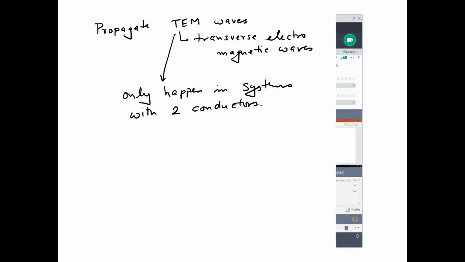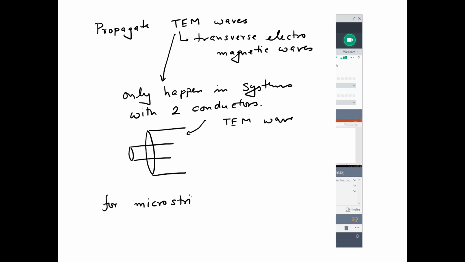But TEM waves only happen in systems with two conductors. For a coaxial cable, you in fact do get a TEM wave inside. For microstrip, you do not. You do not have a perfect TEM wave.